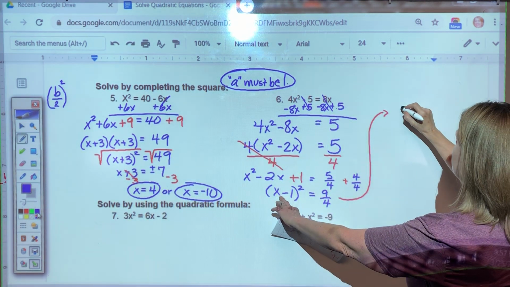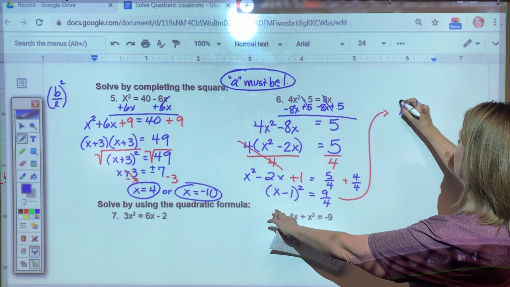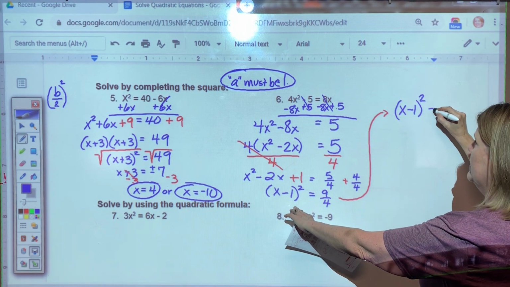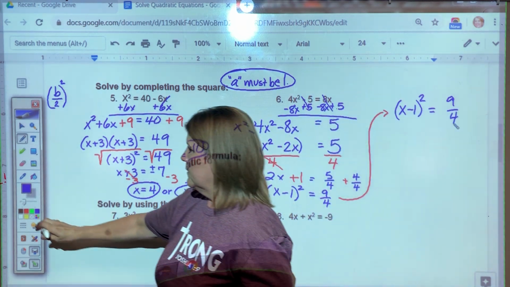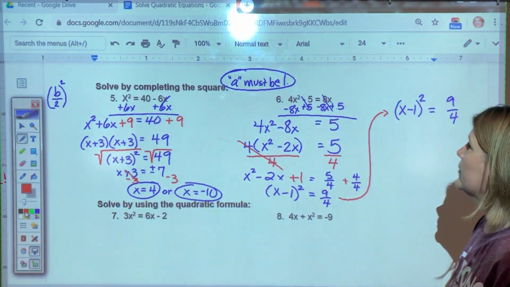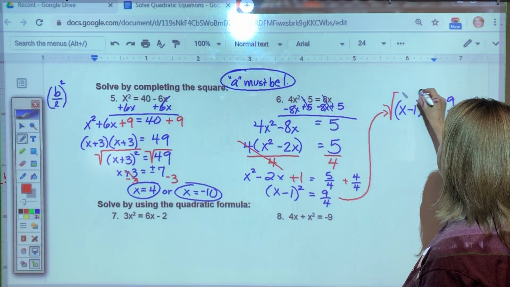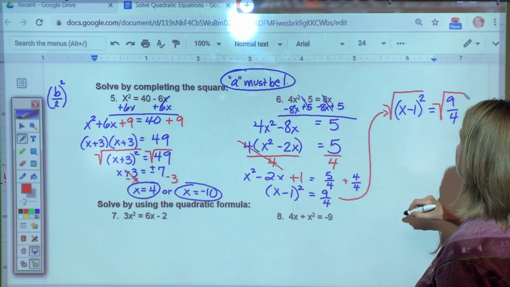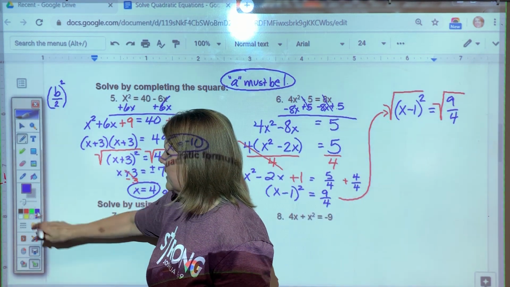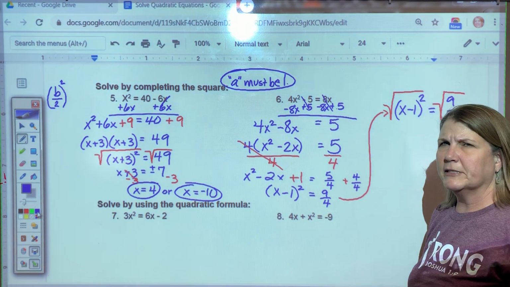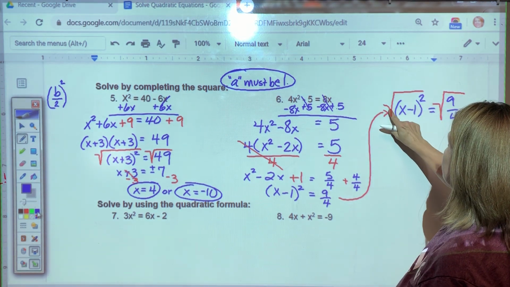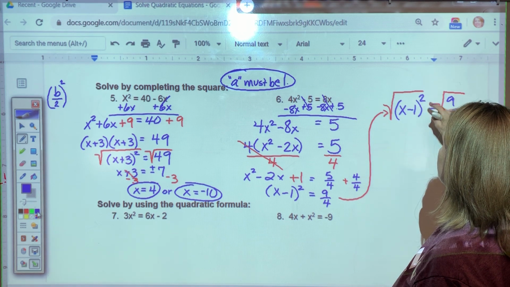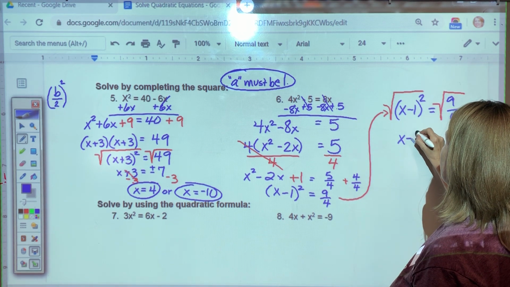We've got x minus 1 in parentheses, and we're squaring it, and right now it's equal to 9/4. Now hold on to your pencils real tight. You can get through this. We're going to square root each side. You're learning a lot today, they're pretty understandable details, but you're learning some new things about how to handle radicals. And so remember, the radical undoes this square and leaves me with simply x minus 1.